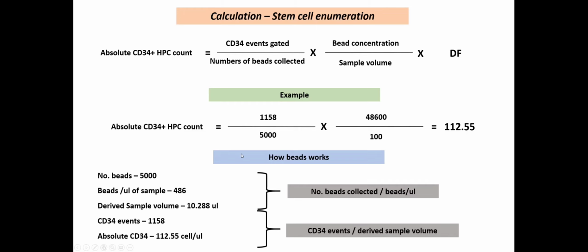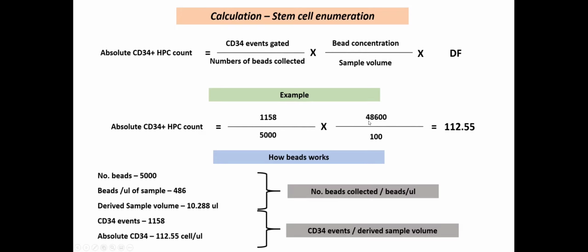Now, though the formula looks complex and many people get confused, we'll make it very easy. We'll divide it into two. What do we have to find out? With the beads, we'll find out the volume of sample, how much sample quantity was acquired for the particular assay, and then we'll find out the number of CD34 per microliter. So I have divided this formula into two. The number of beads we have acquired is 5000, and the bead concentration per microliter is 486. How is this?